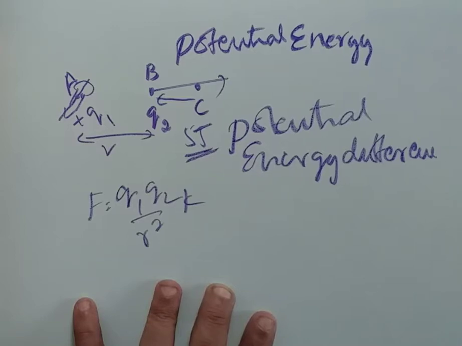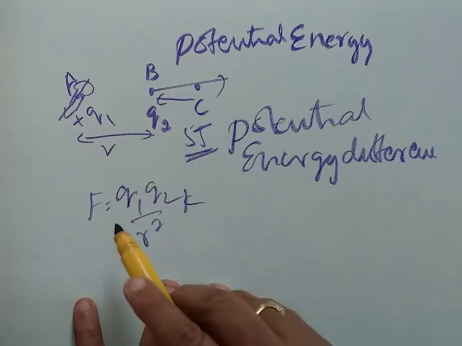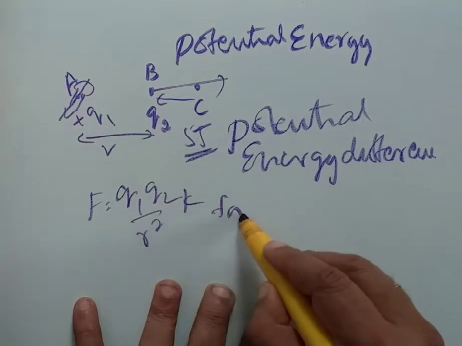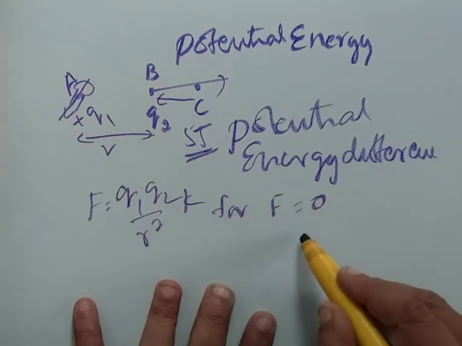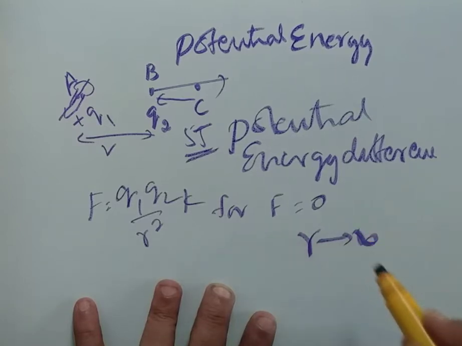Just think over it. In fact, distance R is in the denominator. So for F to become 0, R has to be infinity. So once we keep a separation between Q1 and Q2 as infinity, then only the effect of Q2 is not there on Q1 and the effect of Q1 is not there on Q2.